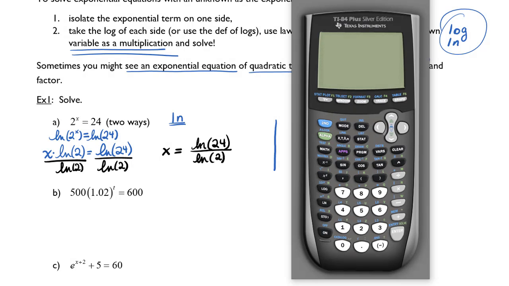If I want to know the exact number on that, I just take the natural log of 24 and divide it by the natural log of 2. And I'll get approximately 4.58.